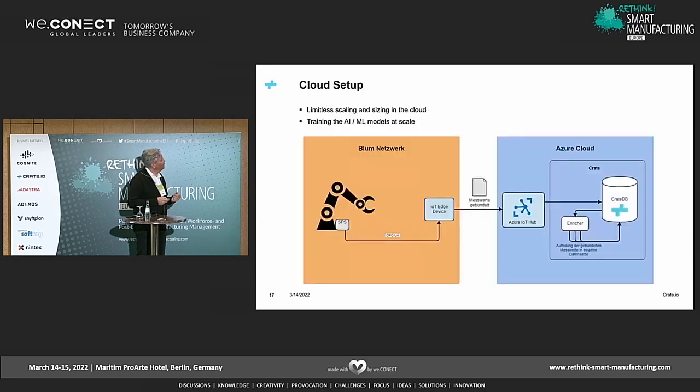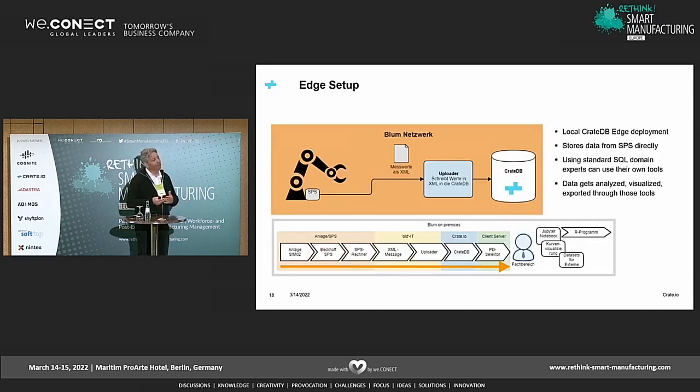And in the cloud, the setup was essentially nothing on the edge, except the IoT Edge device that captures the data, which then got pushed into Azure, and all the processing happened there. On the other hand, when there was no cloud available, they also used it simply on the edge, as part of the stack deployed next to the machine, where the same SPS was pushing this locally.